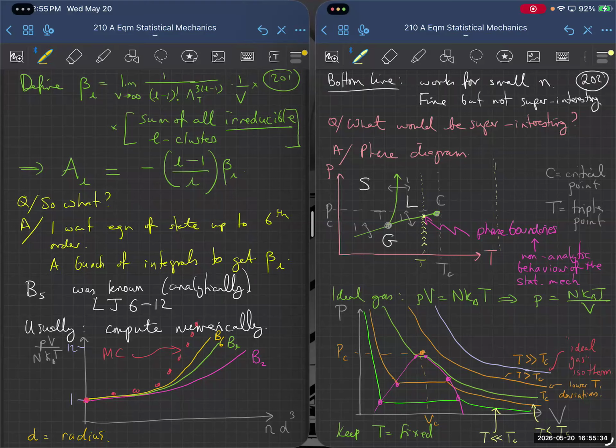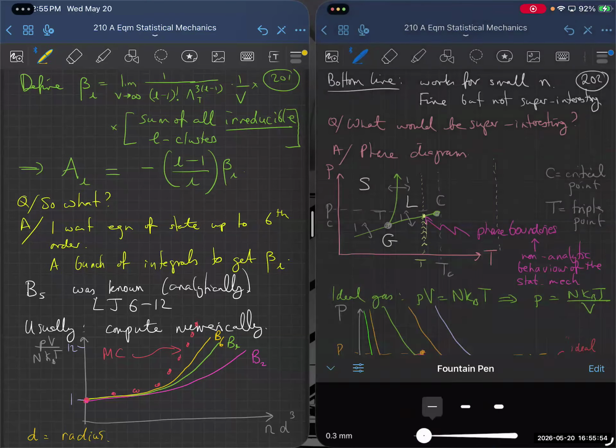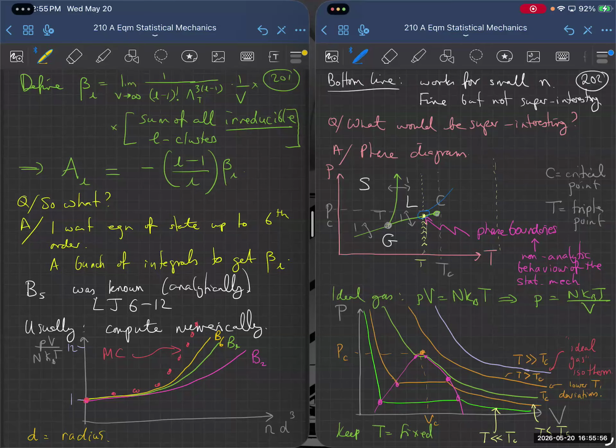Now I've got just a liquid, and when I try to compress that, the pressure starts to go up again. So I go up this dashed line that I've drawn here, then I sit at this phase boundary forever as I reduce the volume. I don't want to make this totally messy, but the volume is being reduced at constant temperature, but the pressure doesn't change.